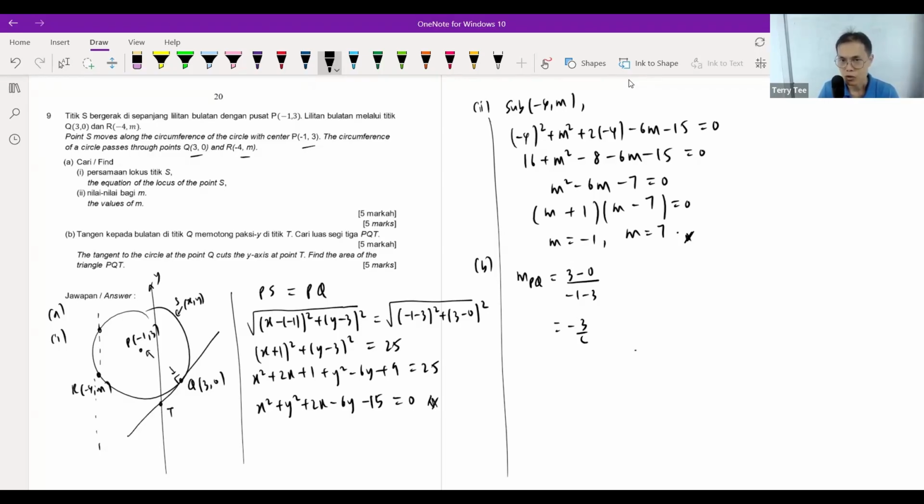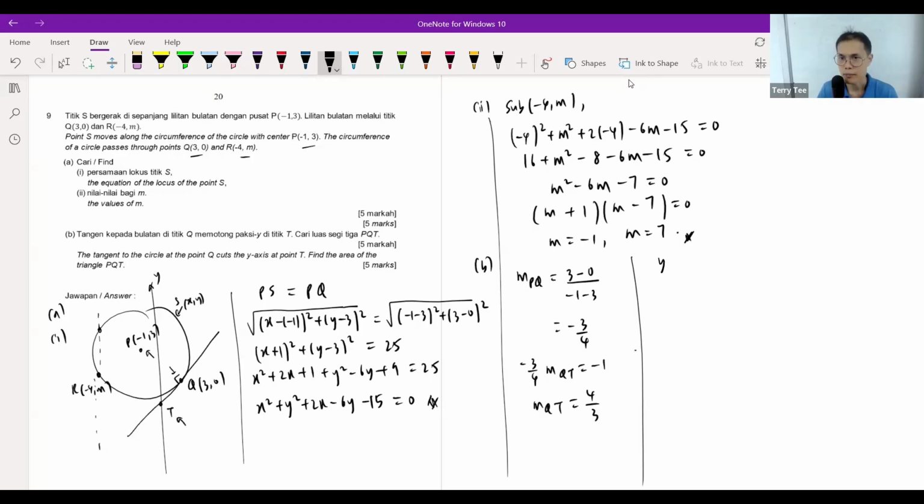That is negative 3/4. Now, PQ is perpendicular to this tangent. This tangent is QT. So we can write negative 3/4 times gradient QT equals negative 1. QT is therefore positive 4/3. Then we form the equation of the straight line because we need to find the y-intercept of this straight line.